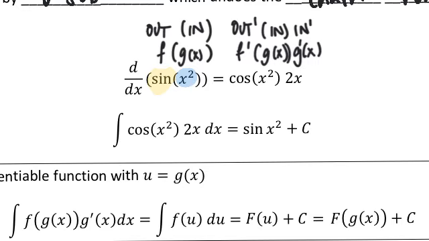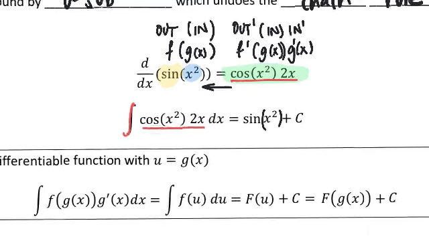So now when we take an antiderivative, we're just going the other way. An antiderivative of this whole thing right here, this whole thing in green, would be the sine of x squared. So that's what this equation says. The antiderivative of this whole expression comes back to the thing we started with, sine of x squared.